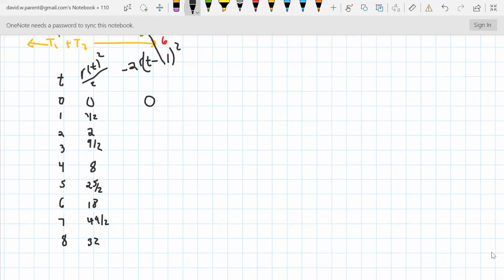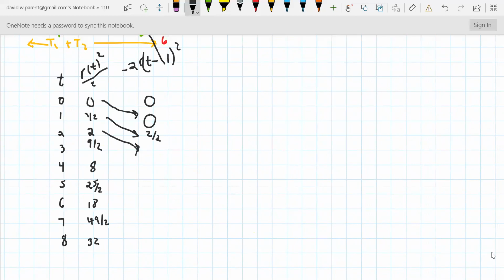So when I'm at 1, 1 minus 1 is 0. That gives me 0. And so this goes to 1. This goes here, but it's 2 divided by 2, right? The 2 goes here, so it's 9 divided by 2.